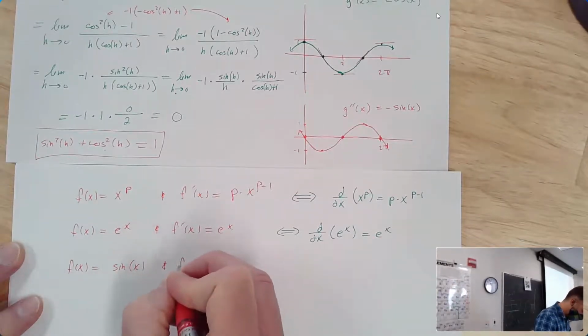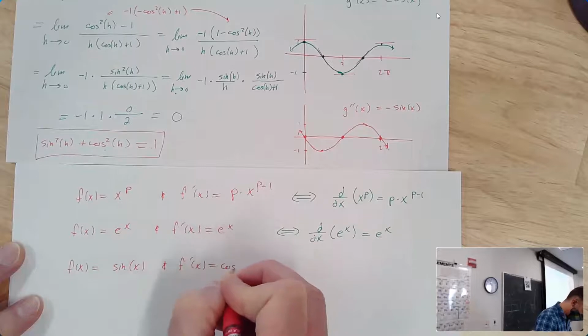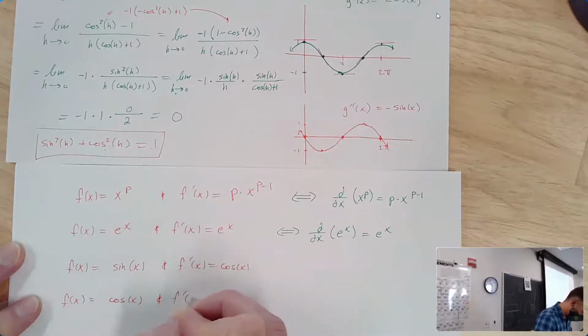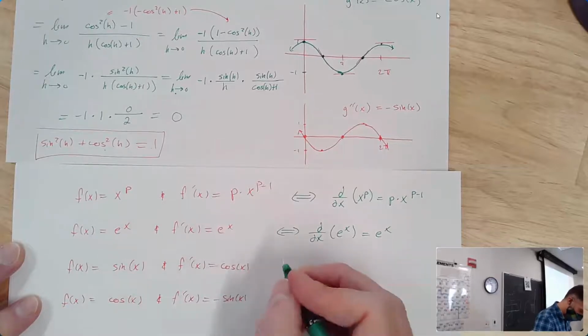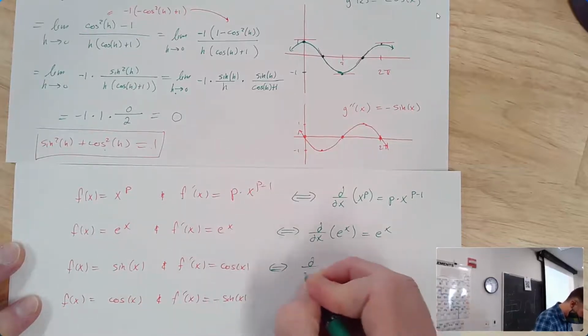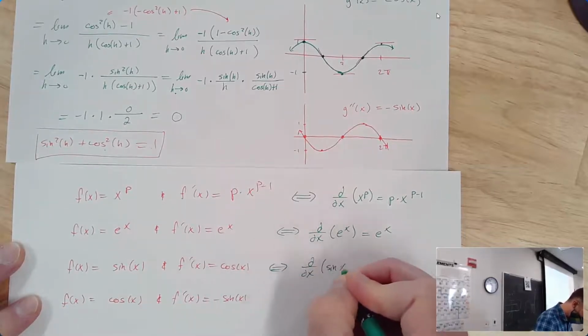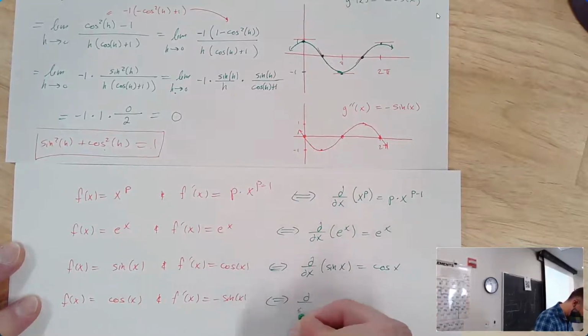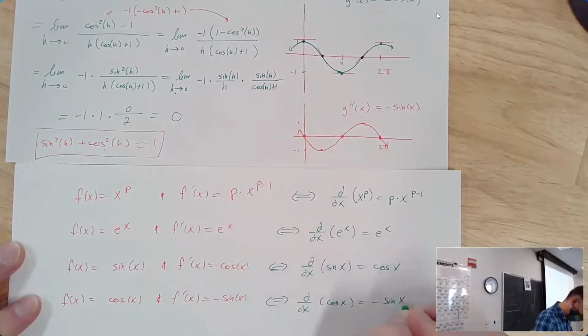The derivative is cosine of x. If f of x is cosine of x, the derivative is negative sine of x. Using the Leibniz notation, the derivative of sine of x is cosine of x. The derivative of cosine of x is negative sine of x.